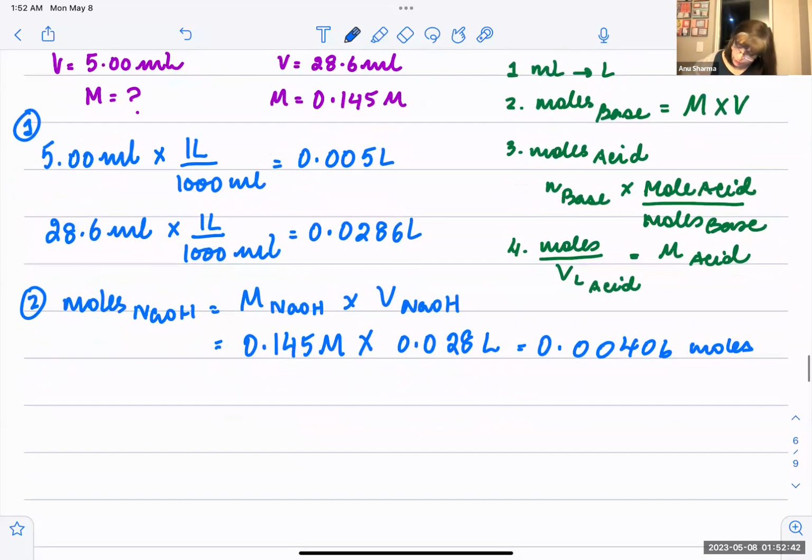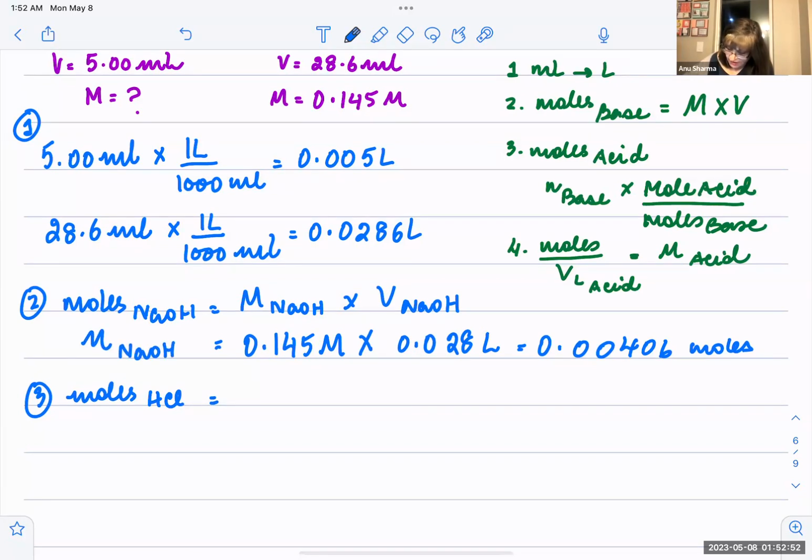Next, you're going to find the moles of HCl. So the moles of HCl is equal to the moles of NaOH times the moles of HCl over the moles of NaOH from the balanced equation.